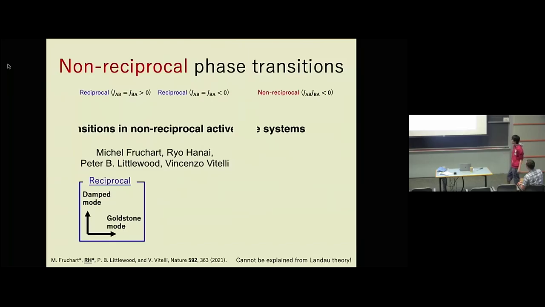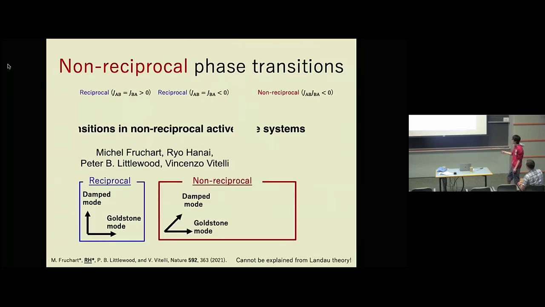As you make the system non-reciprocal, these two eigenmodes do not have to be orthogonal anymore. At the transition point, what used to be a damped mode coalesces with the Goldstone mode, which is called an exceptional point in quantum non-Hermitian mechanics language.